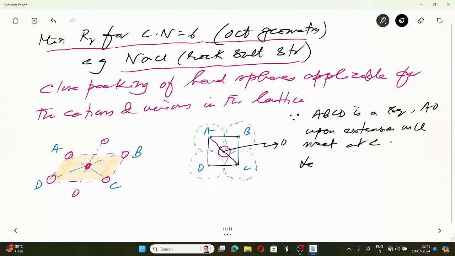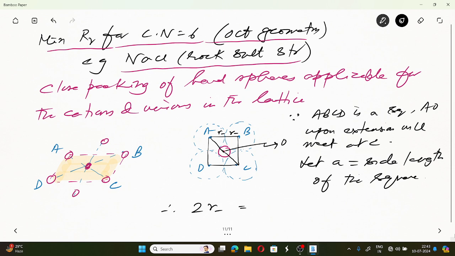Let a equal the side length of the square. So we know that this is the radius of an anion. Therefore we can say twice R minus equals a, or R minus equals a by 2. So this is equation 1.